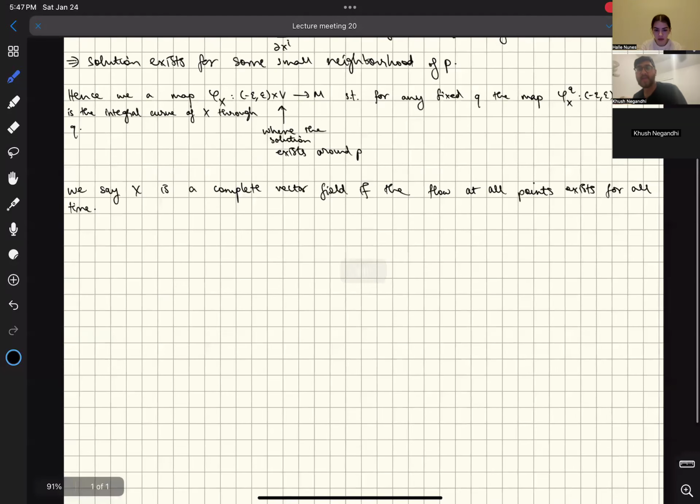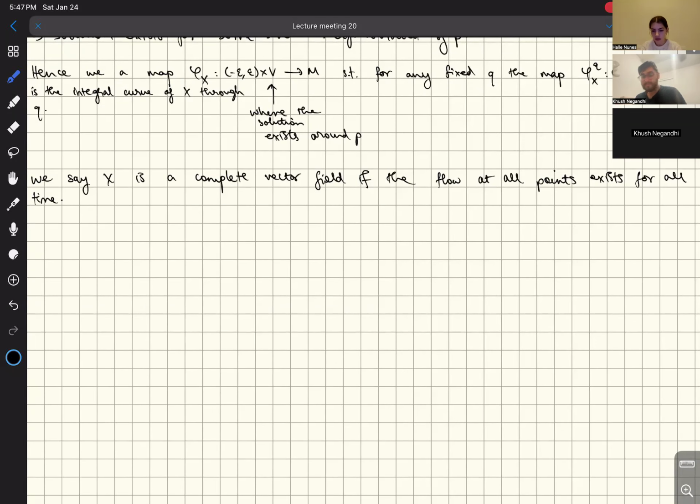Basically what this is saying is I can start at any point in my manifold I want, and then I can flow indefinitely. I don't blow up to infinity, for example. We'll see an example of a vector field even in R where we have finite time blow up. Since it doesn't even work in R, there's no way we can guarantee it works in any other space.